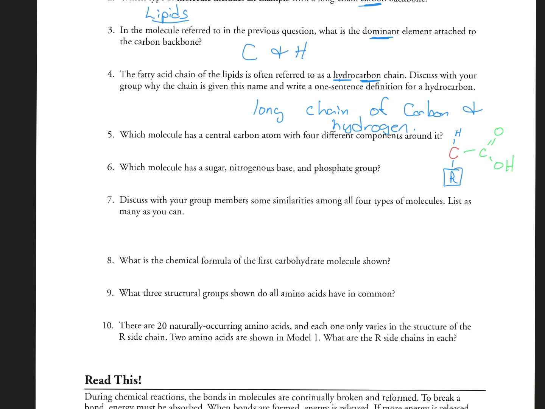And on the other, let me use a different color, you have an amine group. So you have a central carbon with 1, 2, 3, 4 different groups surrounding it. We call that an amino acid.